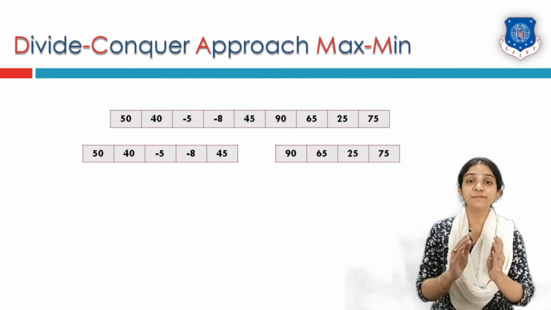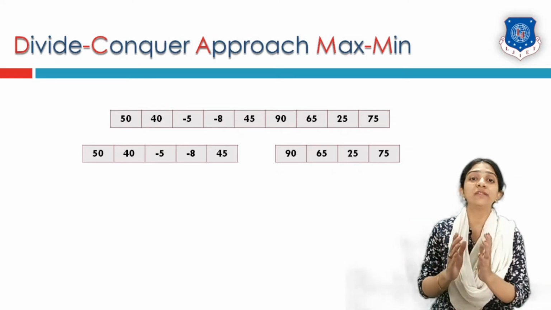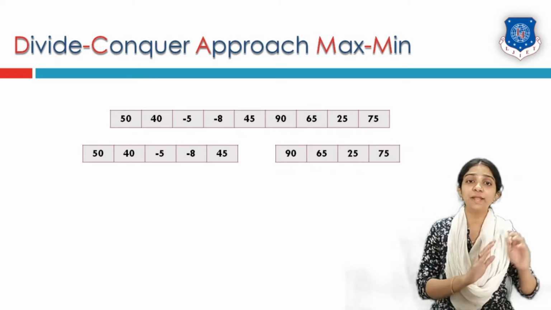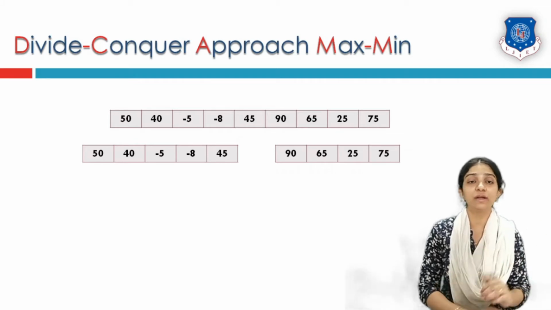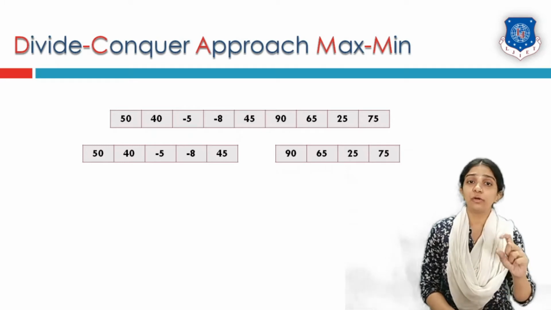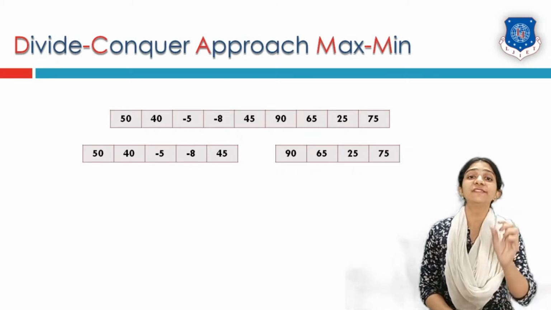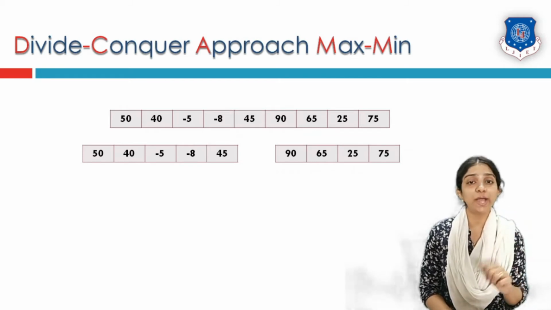We will calculate the midpoint of the array and we divide low to mid as one list and from mid plus 1 to high as another list. We keep on dividing, repeating the steps until each list contains only one or two elements.